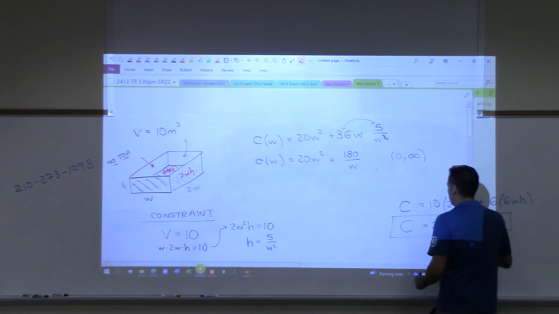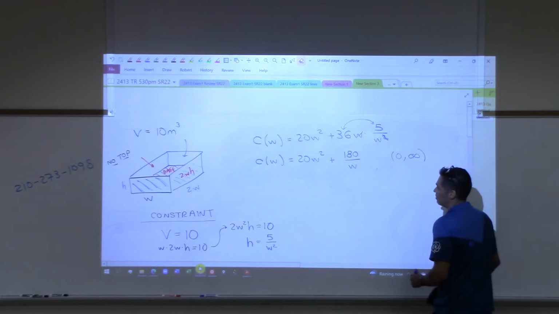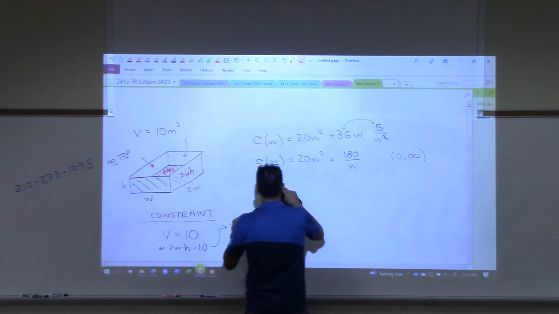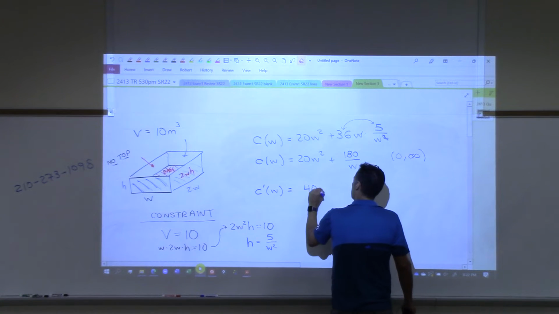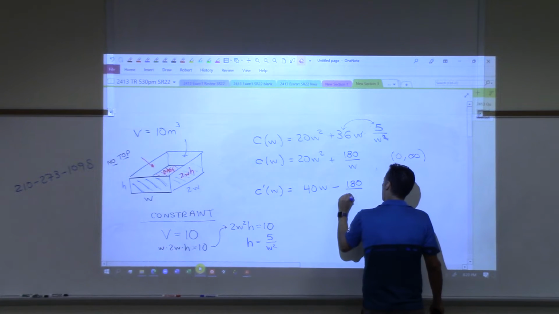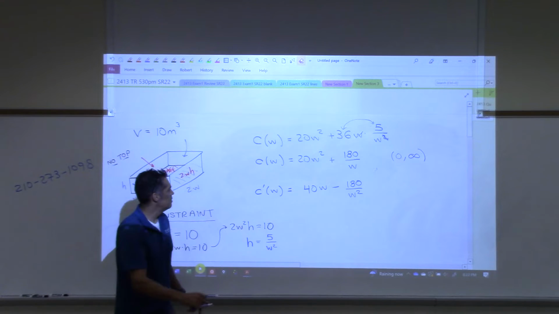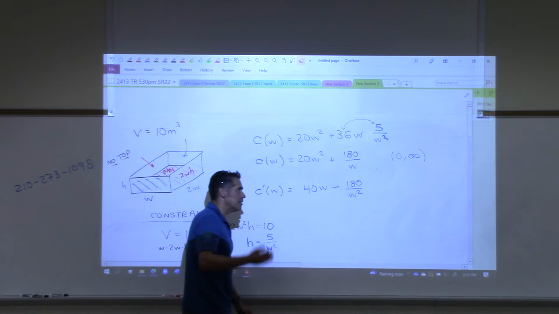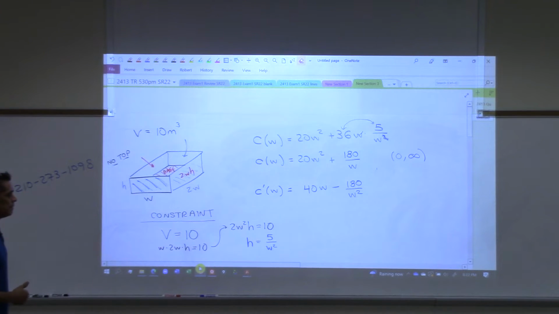And so I'm going to need to do open interval methods. So critical numbers, number line, test points. All right, here's my derivative. 40W minus 180 over W squared. So we've done this a few times now, where we've had to take the derivative of this. So bring the W up as W to the negative 1, bring the negative 1 out, right?